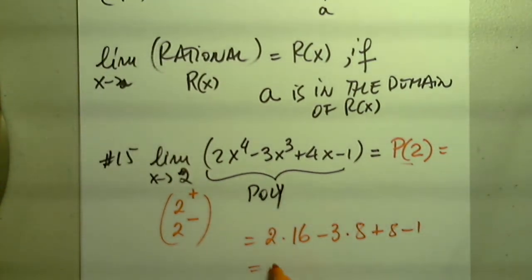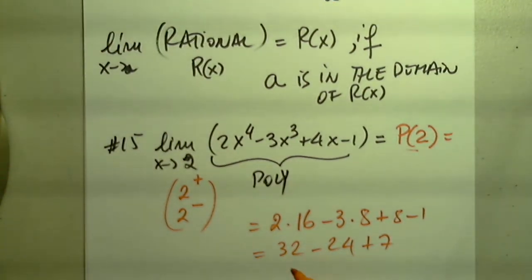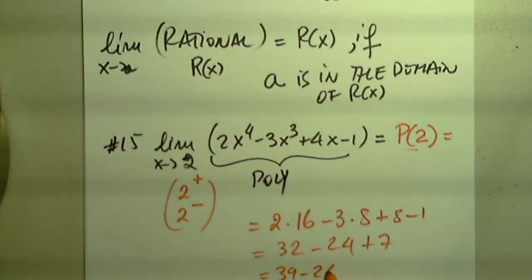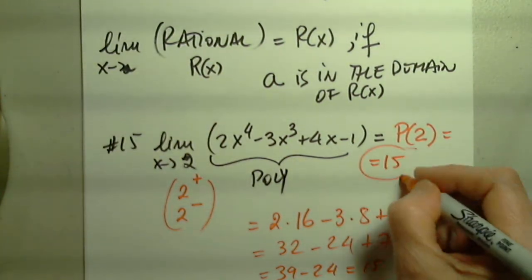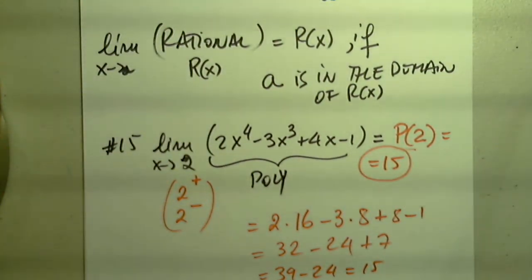So what do I get here? This is 32 minus 24 plus 7. So this is 39 minus 24, which is 15. So the limit is 15. Because I identified that this is a polynomial, all I had to do is just plug it in.